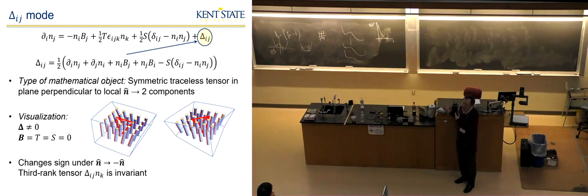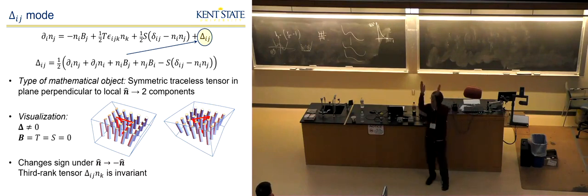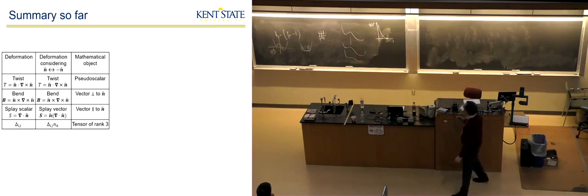And that now is even in n. And so as long as I'm willing to deal with third rank tensors, I have everything that's invariant under this symmetry. The third rank tensor characterizes how this kind of tetrahedron that's embedded in the delta mode is oriented. It shows whether this tetrahedron is sticking outwards this way or anywhere in the xy plane, or in the plane perpendicular to n.